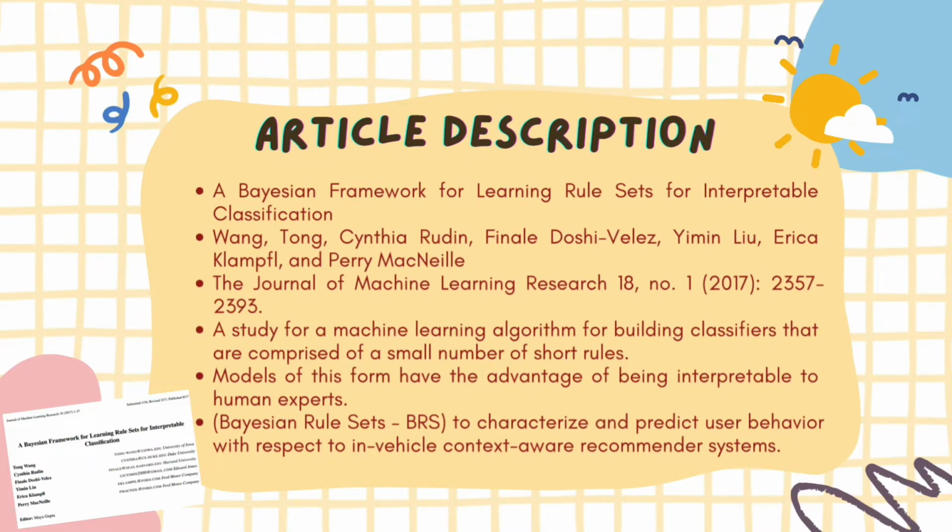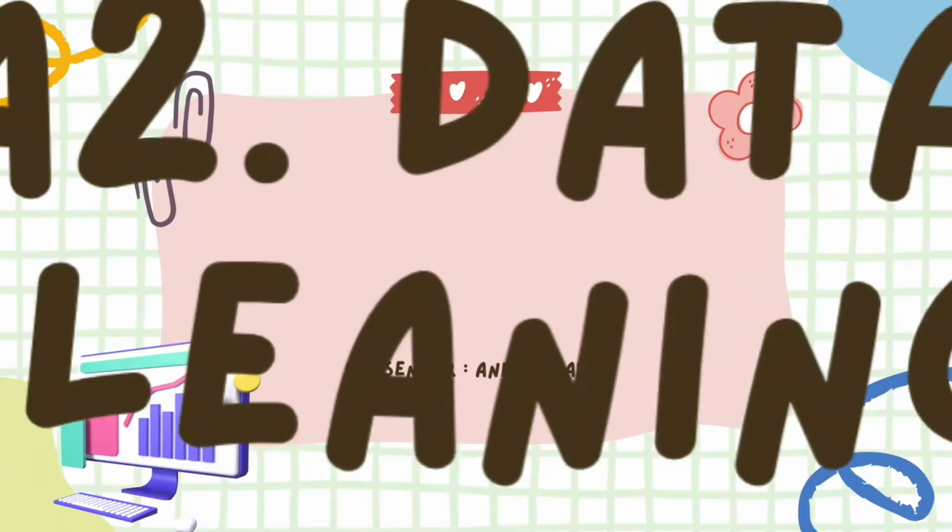This article studies machine learning algorithms to build classifiers that are comprised of a small number of short rules. The models of this form have the advantage to be interpreted by human experts. Bayesian rule sets (BRS) are used to characterize and predict users' behavior with respect to the in-vehicle context-aware recommender system.